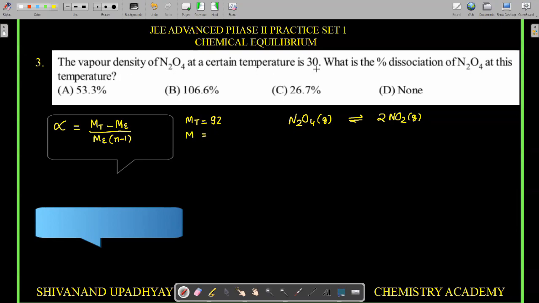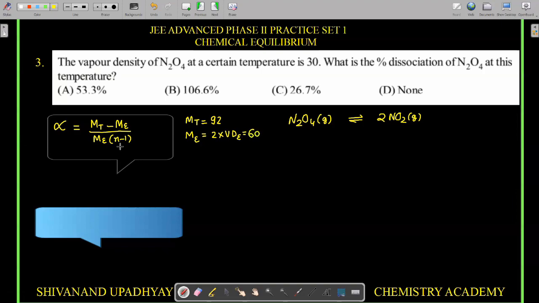Vapor density is 30 means molar mass 60, since N2O4 is dissociating. So this is the average molar mass of the system. This is the experimental molar mass, equal to 2 into the given vapor density, and the given vapor density is also experimental. So from here we got that this molar mass is equal to 60.